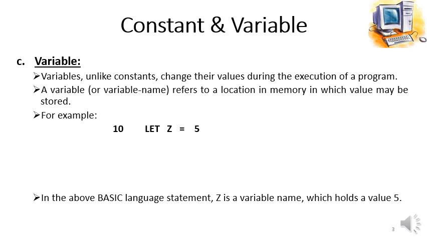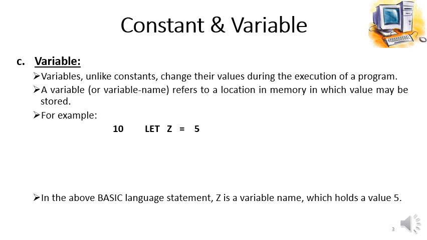Now I'm going to discuss this declaration and initialization of this variable Z in more detail, that what actually happens behind the screen inside the memory whenever this statement is executed by the computer.